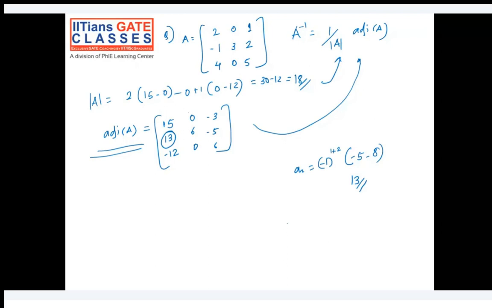I think we are at the end of the session now. But before closing, I would like to let you know that from the inverse topic, they can ask a question directly like find the inverse of matrix A and give the matrix, or they can ask questions in some other format also. So I'll give you one question and then we'll close the session.